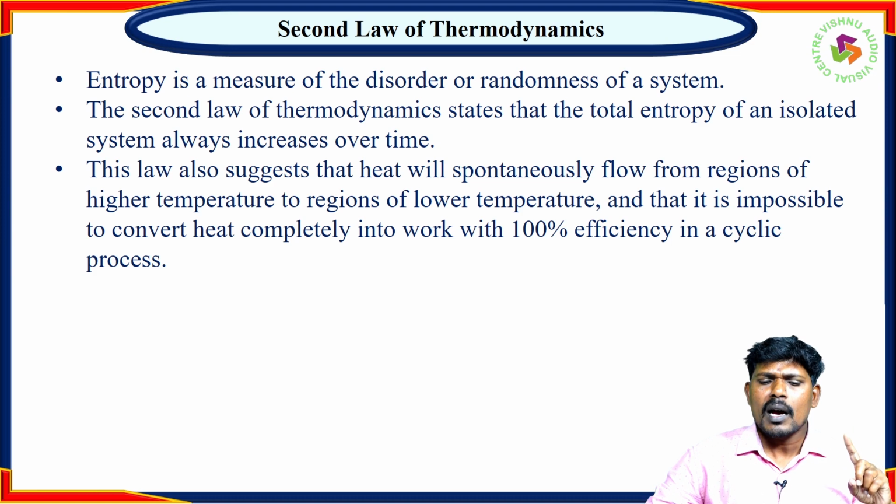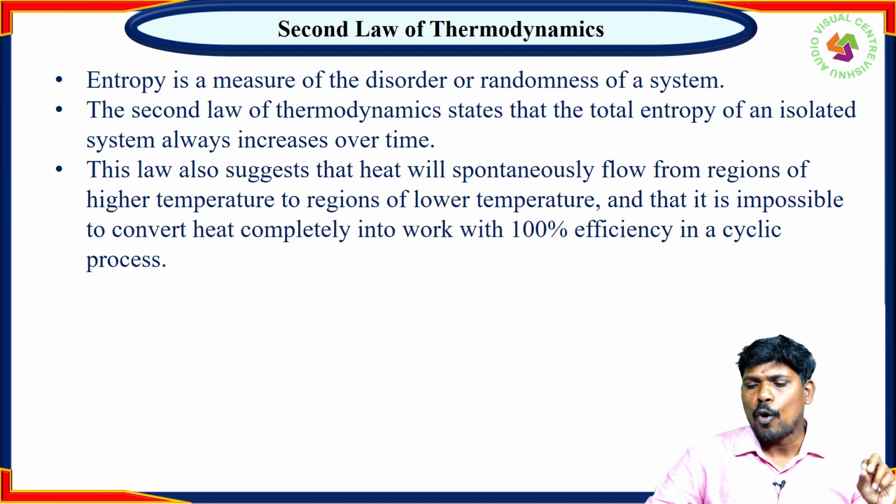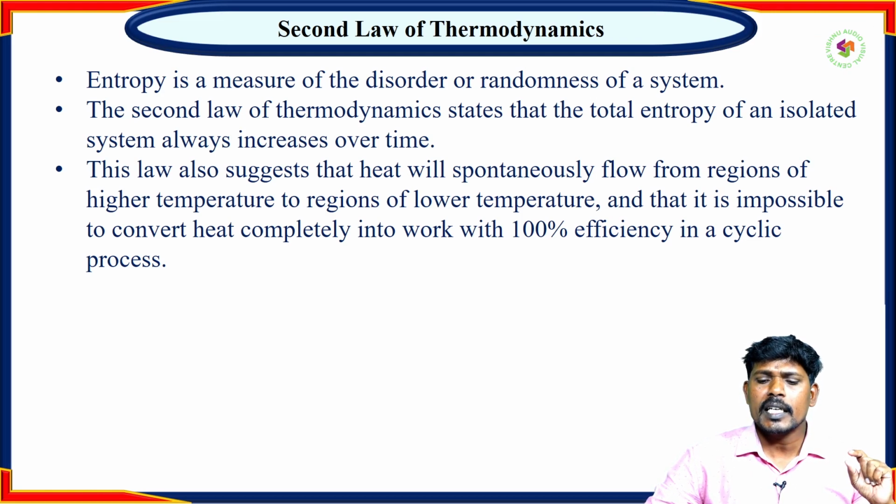This law also suggests that heat will spontaneously flow from a region of high temperature to a region of low temperature. This is the first postulate. The second one is that it is impossible to convert heat completely into work with 100% efficiency in a cyclic process. These are the two postulates.